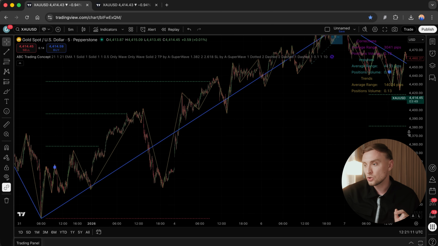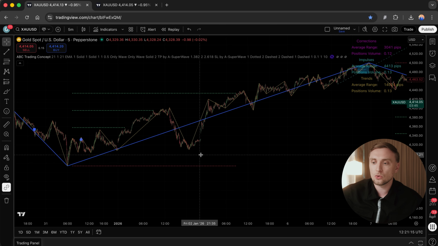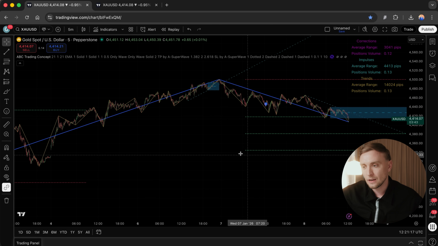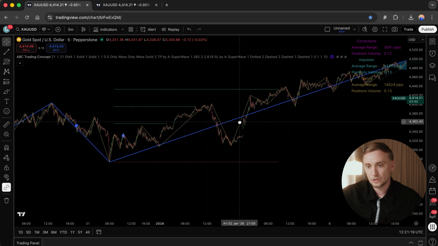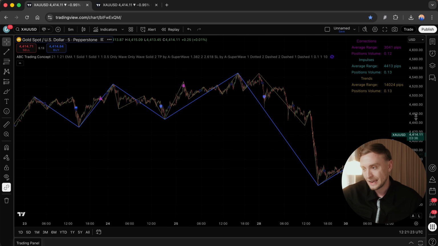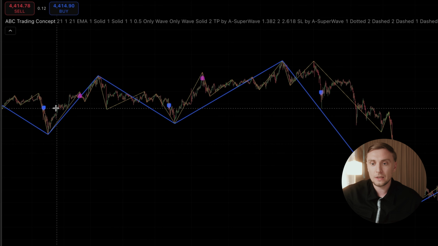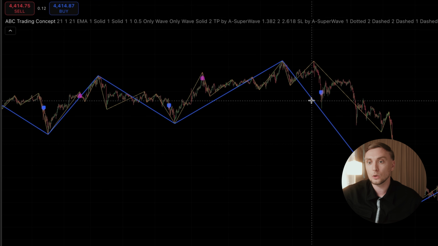Then I want to show you another situation. I showed you these 2 examples, both very nice, and everywhere we closed in profit, but I want to show you a slightly different case. What happened here? Look, for example here, how many times we opened a position and closed it in minus.